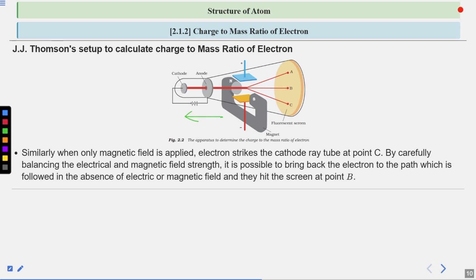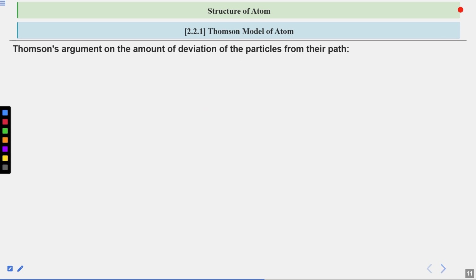So you will take the direction of current in this direction. The magnetic field will be here. The red line is showing the trajectory of the electron.